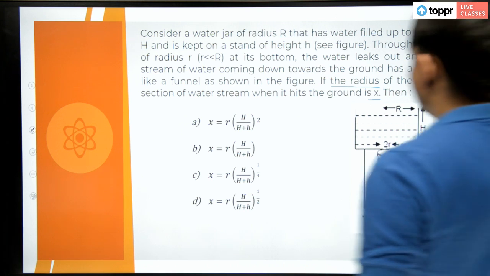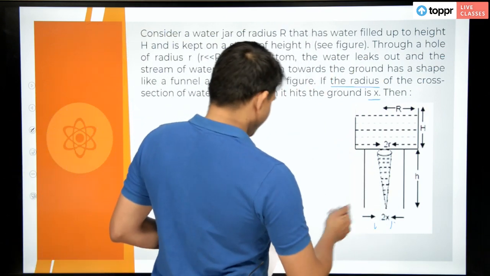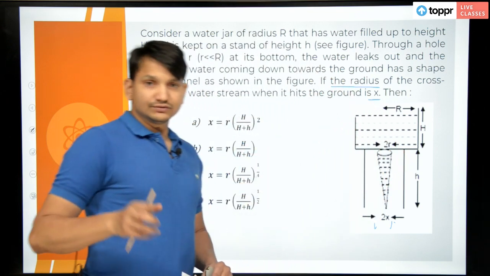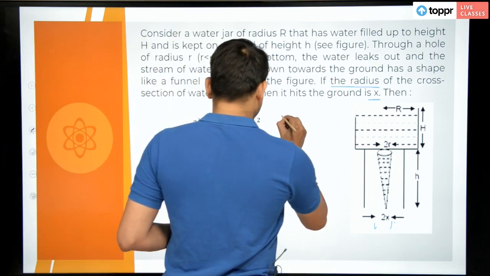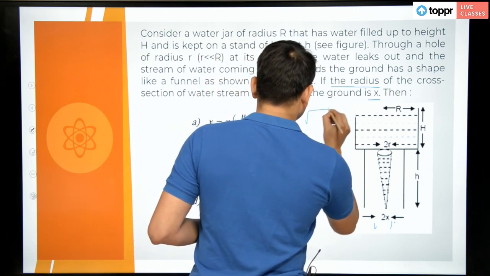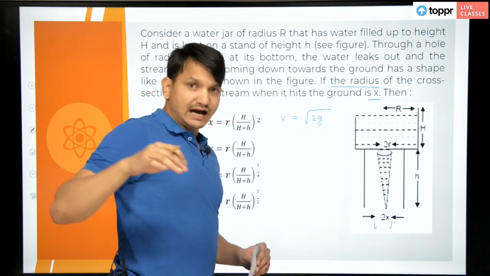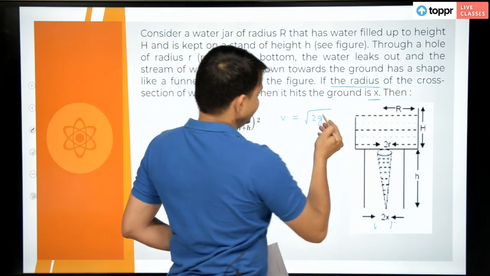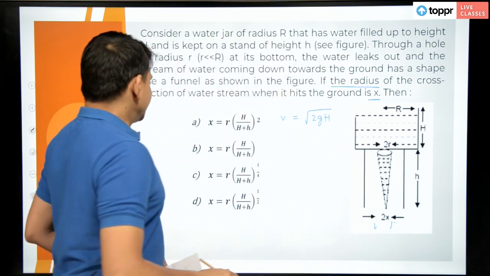First, let us find out the velocity of efflux. The velocity at which water oozes out through a leak is given by the square root of 2gh, where h is the height of the water in the container, and we know that here that height is capital H. So, that would be the square root of 2gH.